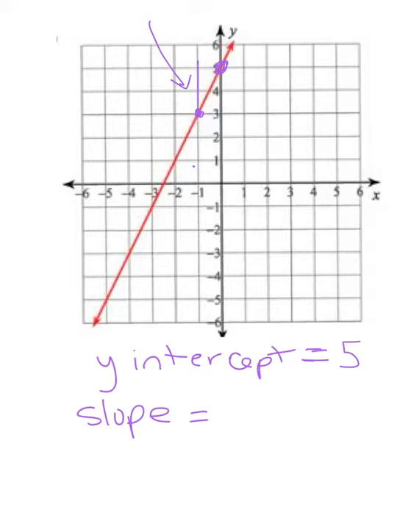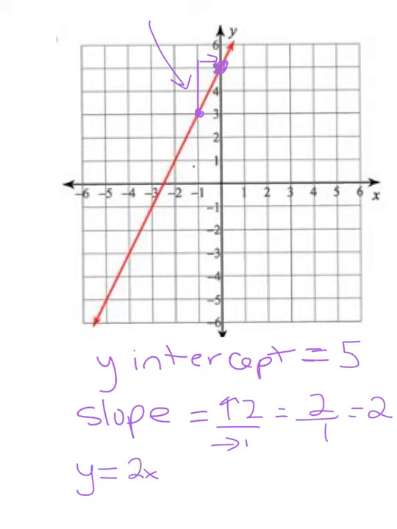So remember, up 2 gives me a positive 2. And then I'm going to go to the right 1. When I go to the right 1, that's 1. So my slope is 2/1, which I rewrite as 2. So my equation of the line is y is equal to 2x plus 5. Now again, I can double check: 2 is a positive slope. The graph of my line does go from the bottom left to upper right, which is also a positive slope.